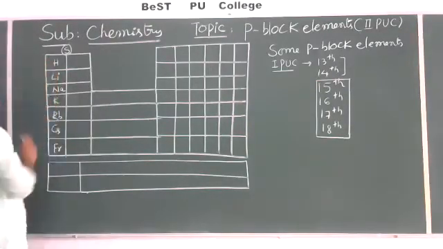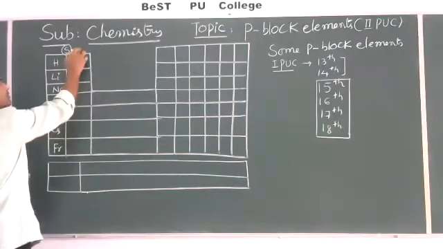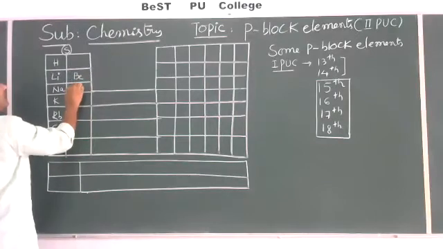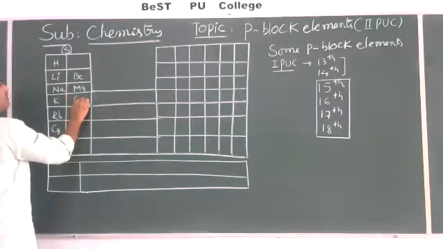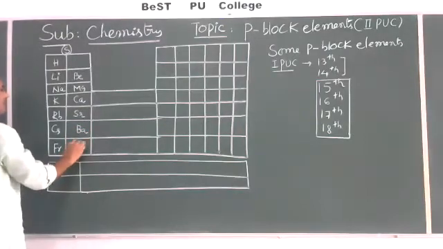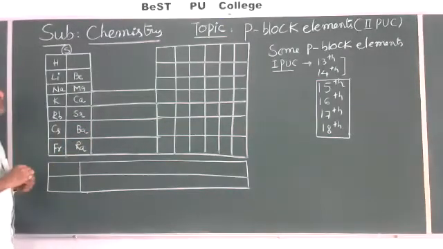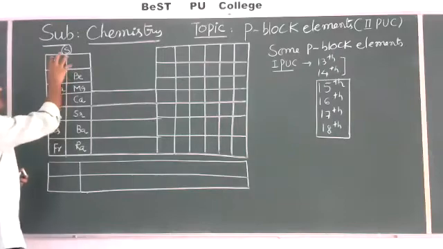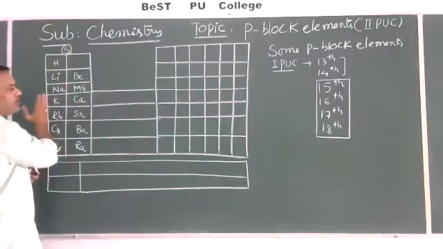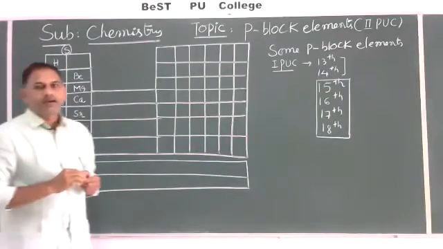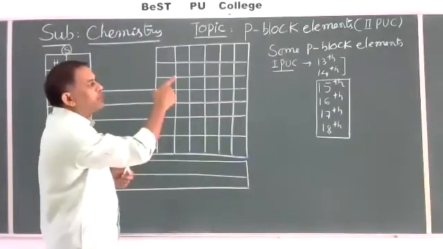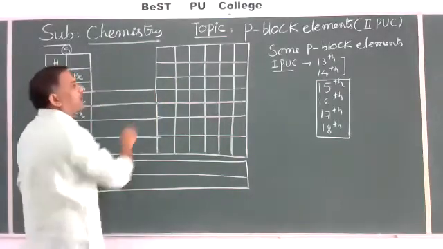Alkaline earth metals, second group, are beryllium, magnesium, calcium, strontium, barium and radium. So in first year, under the name of S block elements, the block was completed.